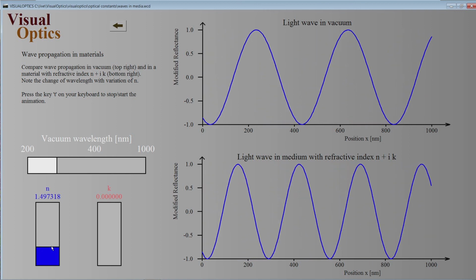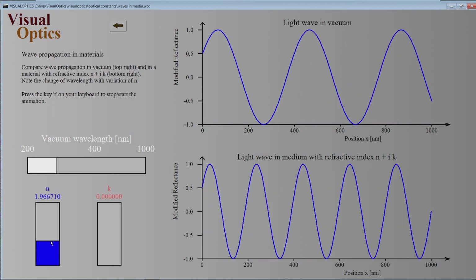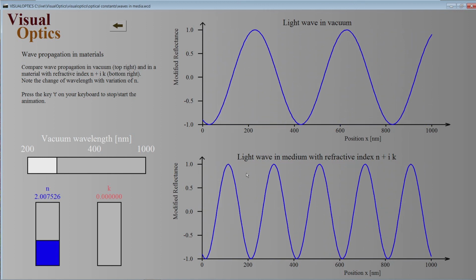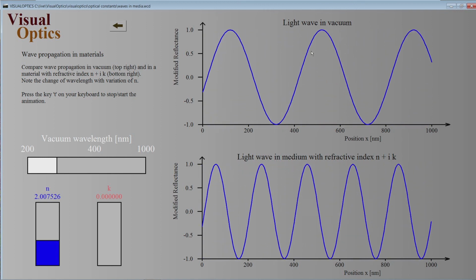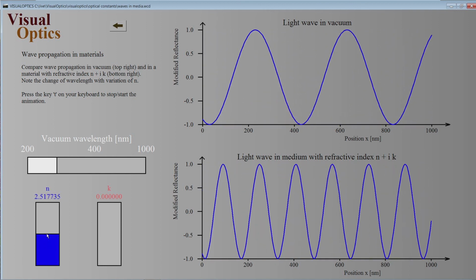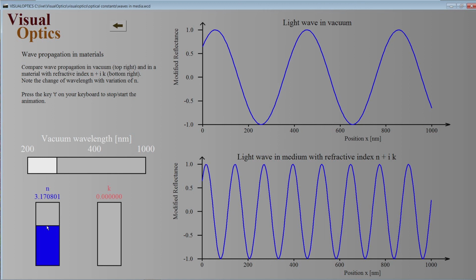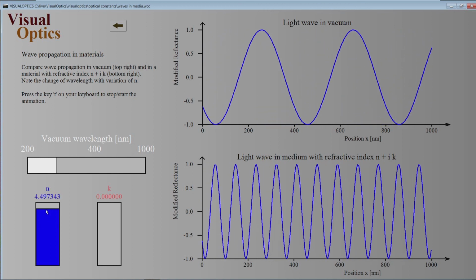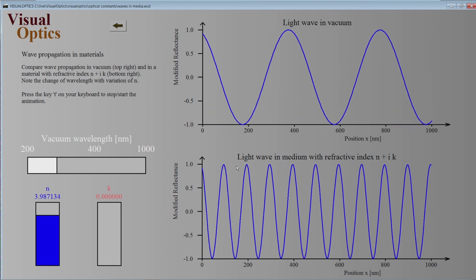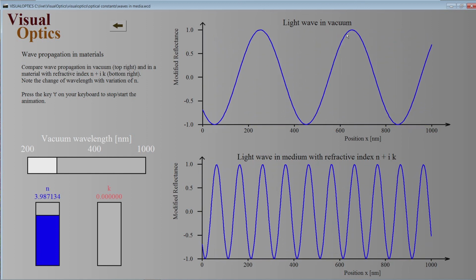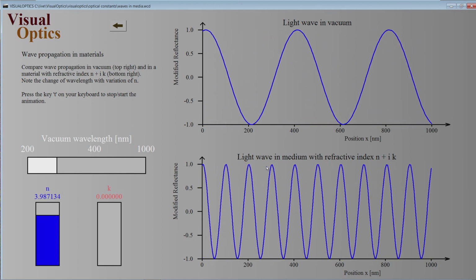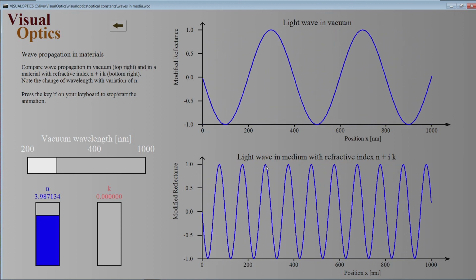If we go to a value of N of about 2, the wavelength is only 1/2 of the wavelength in vacuum. And if we increase it further on to 3 or 4, which would be something like germanium, then the wave is only 1/4 of the wavelength in vacuum, and also the speed of light is only 1/4, 25%.